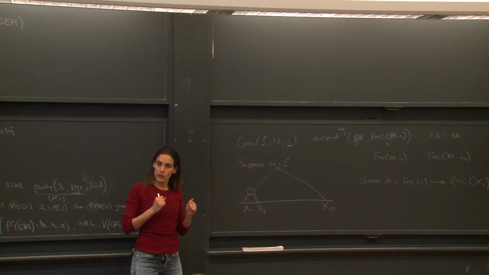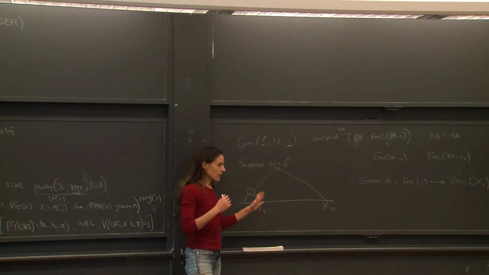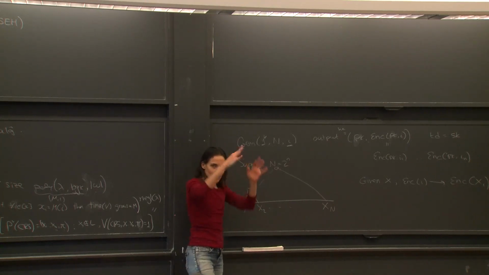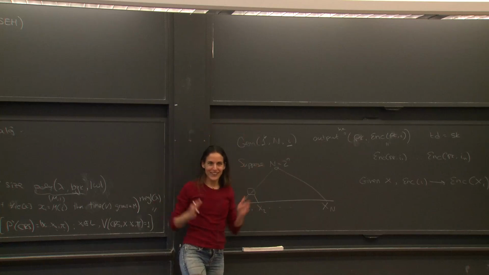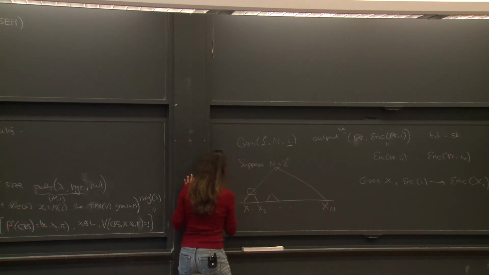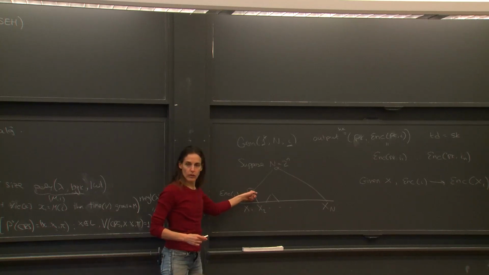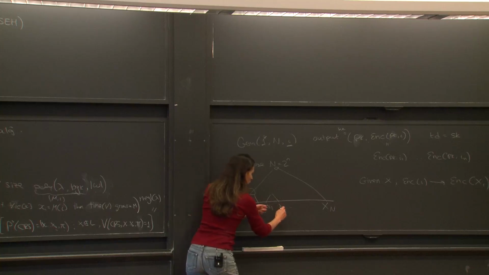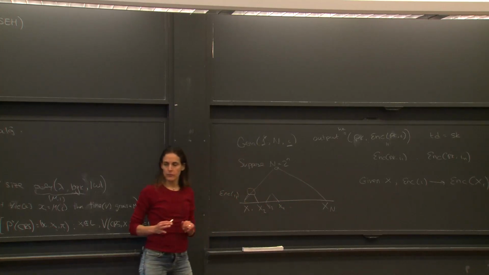If I1 is 0, I'm going to choose x1. If I1 is 1, I'm going to choose x2. I'm going to choose the even or odd so that the output will be the correct one. So depending on encryption of I1, that's going to tell me which one to put here: 0, I put the left children, or 1, I put the right children.